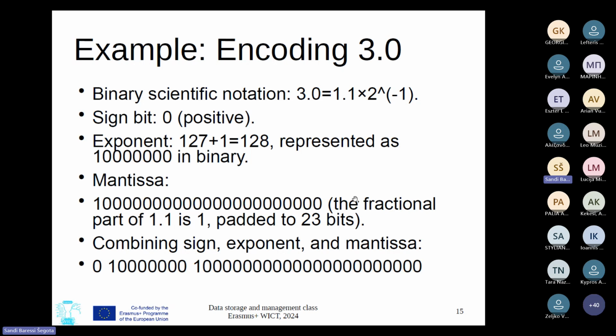Finally, the fractional part of 1.1 is 1, and since this is 1, we are simply padding it to 23 bits, so we are adding the 22 remaining bits. And finally, we combine this. So we have the sign, the exponent, and the mantissa. That's the order in which it's stored.